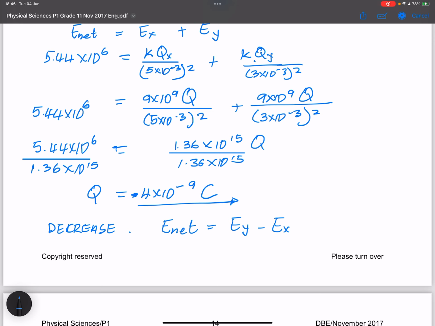Now, because the other field is in the opposite direction, the field due to Y will be in the opposite direction.